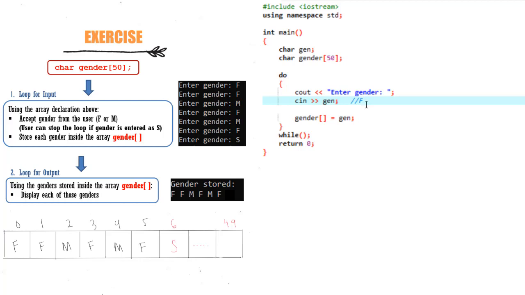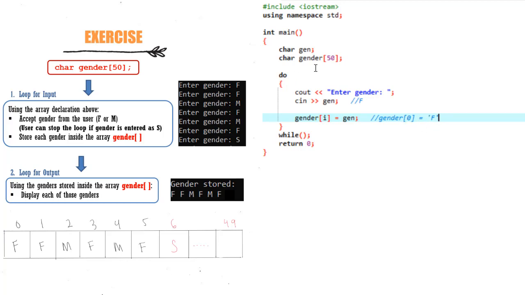This means that we need to know the index. So let's say we call the index I. Since we want to store F at the first location, gender[I] here, the I should be 0, because we want to store F inside index 0.